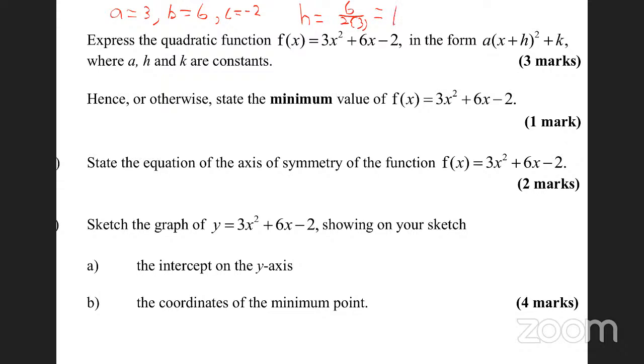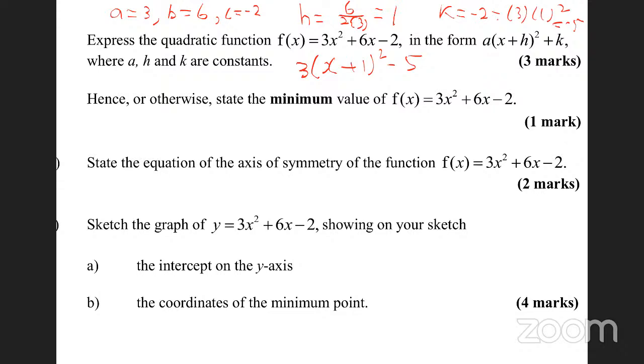And K is equal to C minus A times H squared. So that's -2 minus 3 is -5. You all got -5? So the answer here is 3 times (x plus 1) squared minus 5.